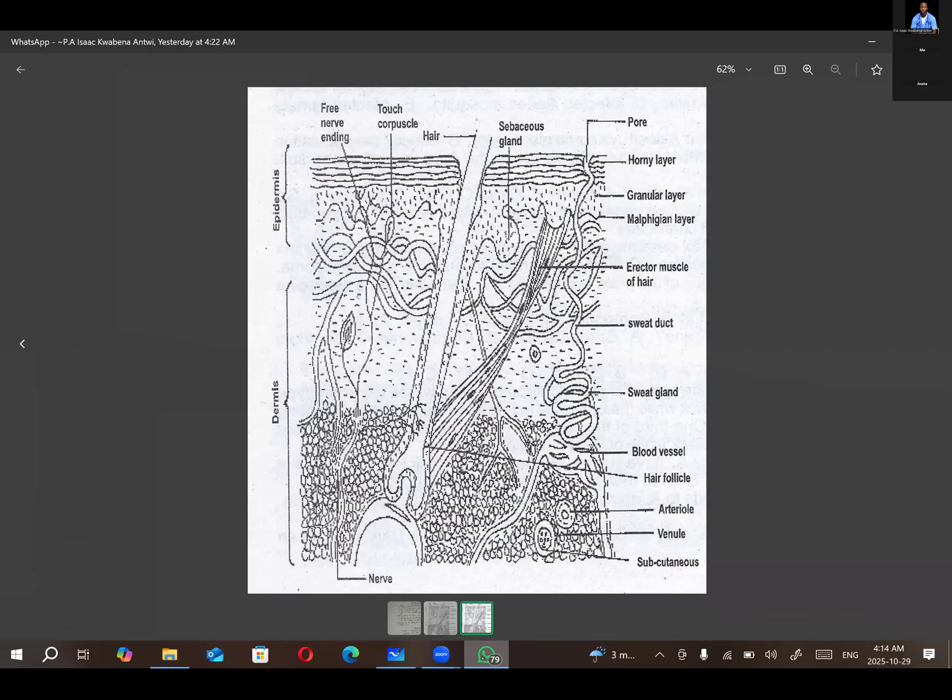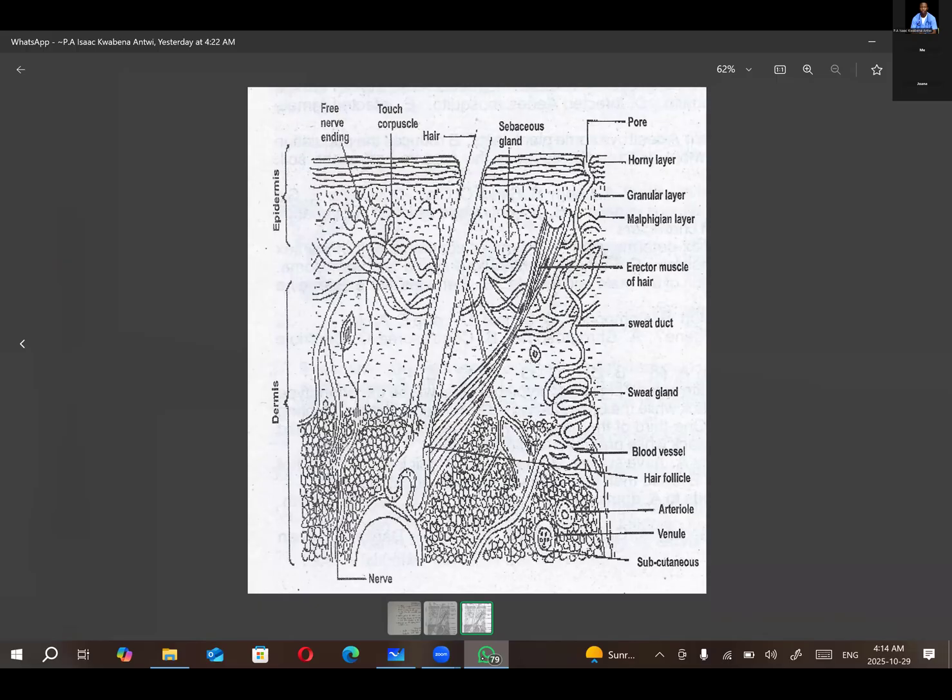Can we move on? All right, then we spoke about functions of most of the parts, starting with the erector muscle. So we said the erector muscle is responsible for what? Responsible for contraction and relaxing of what? The hair. When the temperature is very cold, it contracts and forces the hair to stand upright. Do you remember?